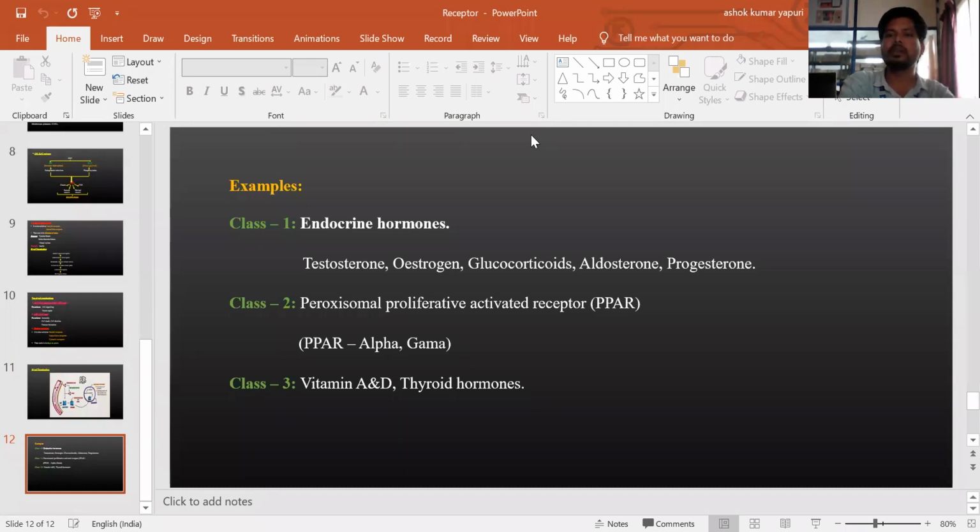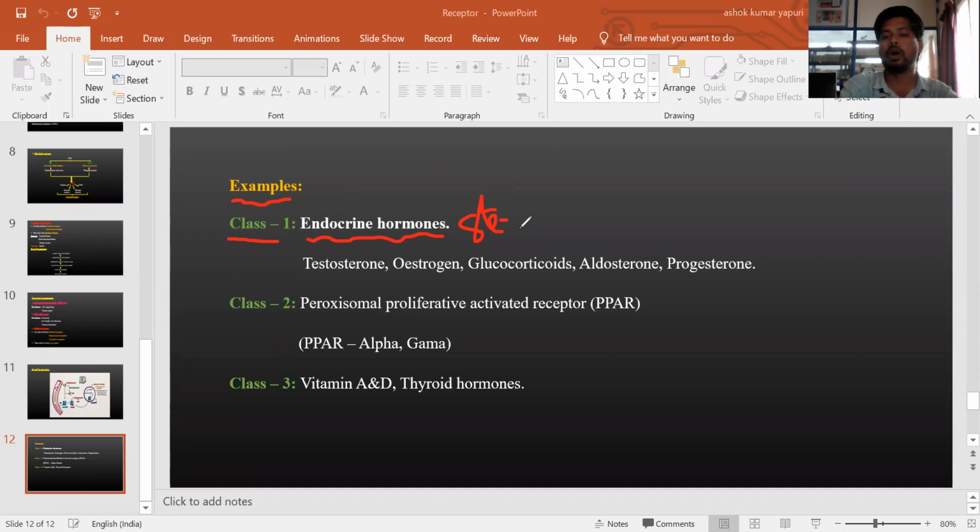Okay, so next the important thing is examples of the nuclear receptors. The examples of the nuclear receptors are categorized into three classes. The first class is the endocrine hormones. Endocrine hormones come under class 1. All these endocrine hormones are steroidal compounds.